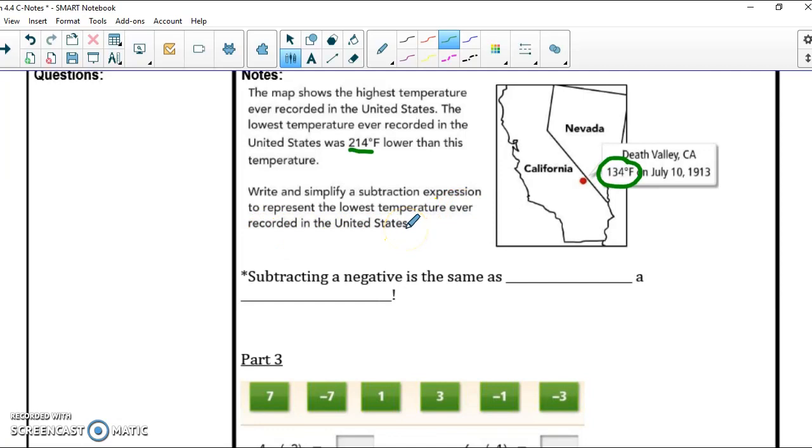States. So first, I'm starting at my very highest temperature. So I'm going to start at 134 degrees. And now it's going to go lower 214 degrees. So I'm doing 134 minus 214.